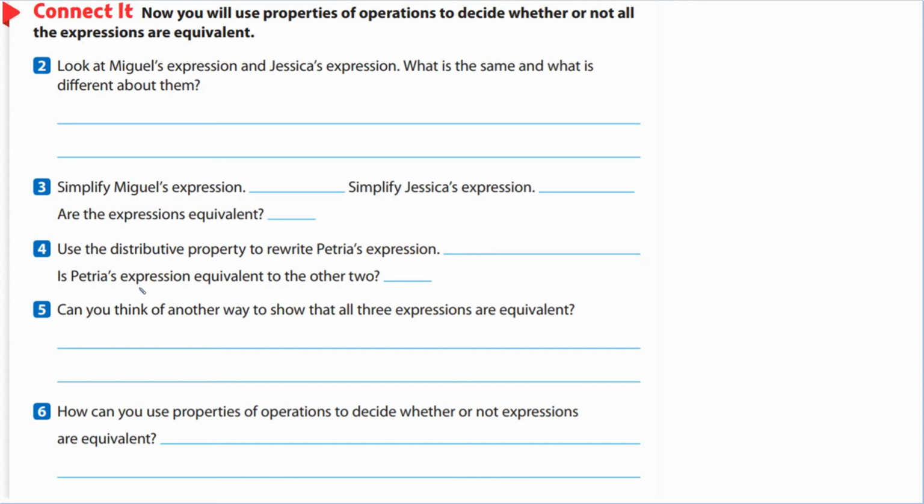Is Petria's expression equivalent to the other 2? Can you think of another way to show that all 3 expressions are equivalent? How can you use properties of operations to decide whether or not expressions are equivalent? So, I would pause this video, I would answer these 5 questions, and then check your answers once you unpause the video.